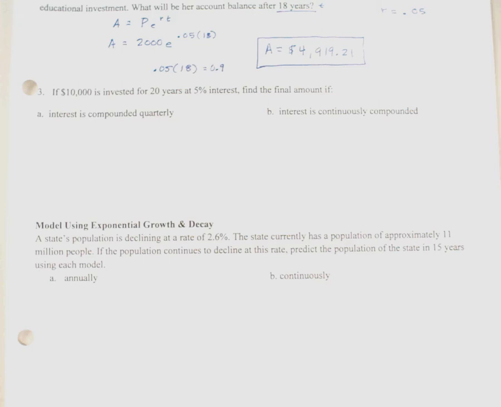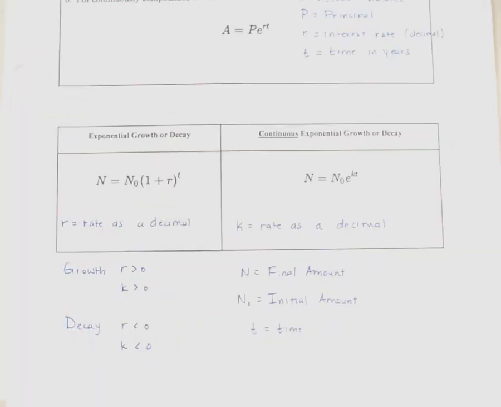Now, when we are not dealing with compound interest, we do have specific formulas for exponential growth or decay. For exponential growth or decay, we use N equals N sub 0 times the quantity 1 plus r to the t power. R is your rate as a decimal.